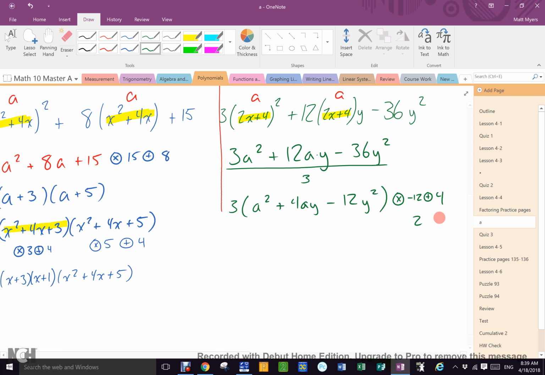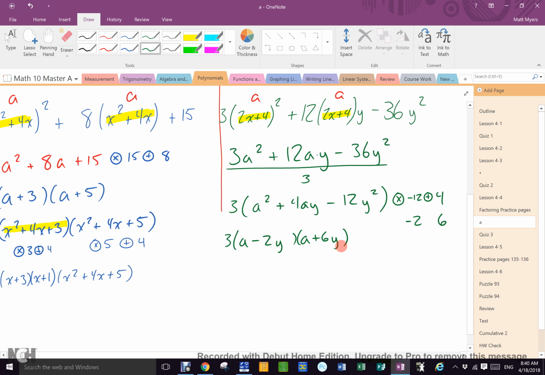How will 2 and 6 get me to positive 4? Positive 6 minus 2, correct? So I have 3a minus 2 and a plus 6. But since it's y squared, what do I need here? Y and y. Everybody okay?